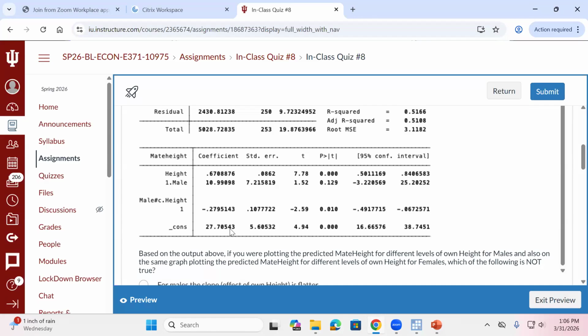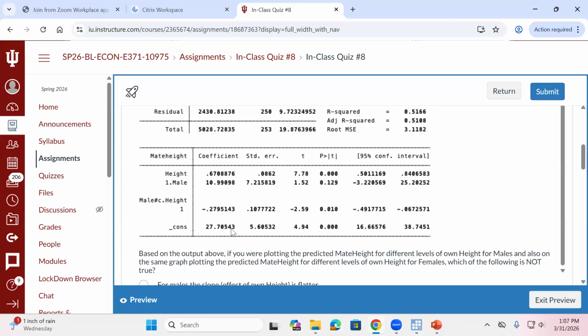I'm trying to predict the mate height using whether or not they were male, what their own height was, and an interaction between those two. Here I'm thinking about where the differences in the starting point are. This dummy variable is 0 if they're female, 1 if they're male.